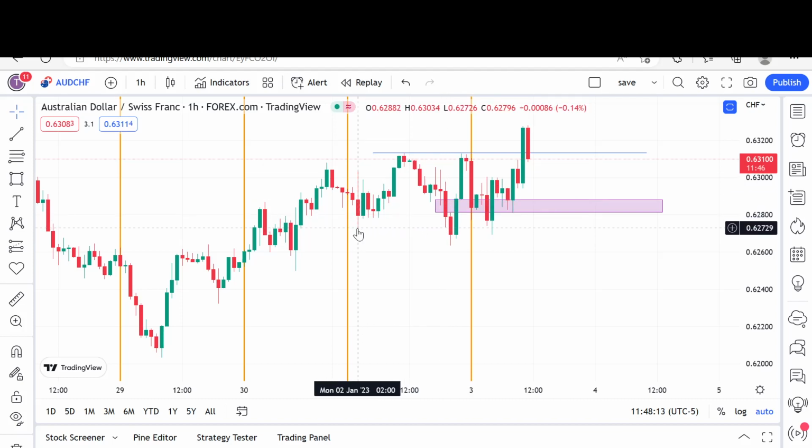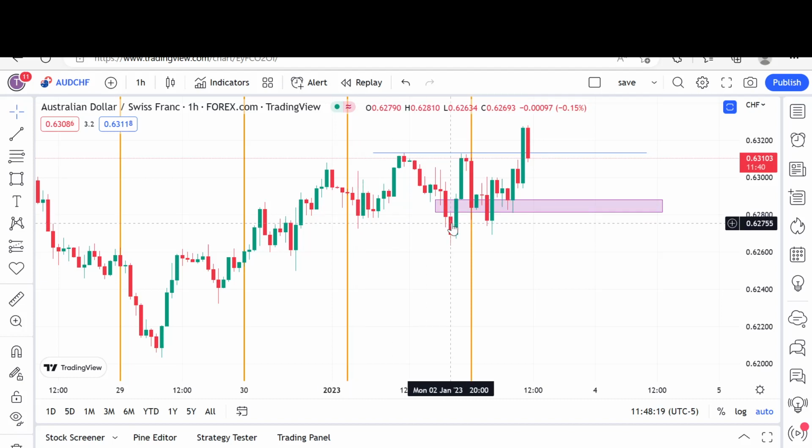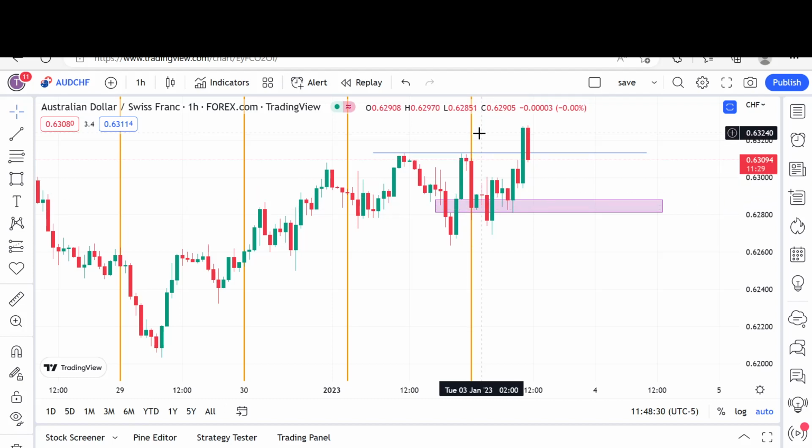When I say liquidity, what I mean is sell stops. It took those sell stops out of the marketplace. It tripped them out, and then boom, huge move higher, huge shift in structure, and that left our imbalance, which just tells us that there was a lot of conviction on that move higher. There was a lot of strength on it, which is a really good sign that we'll probably see some future movement in the direction that we want here.